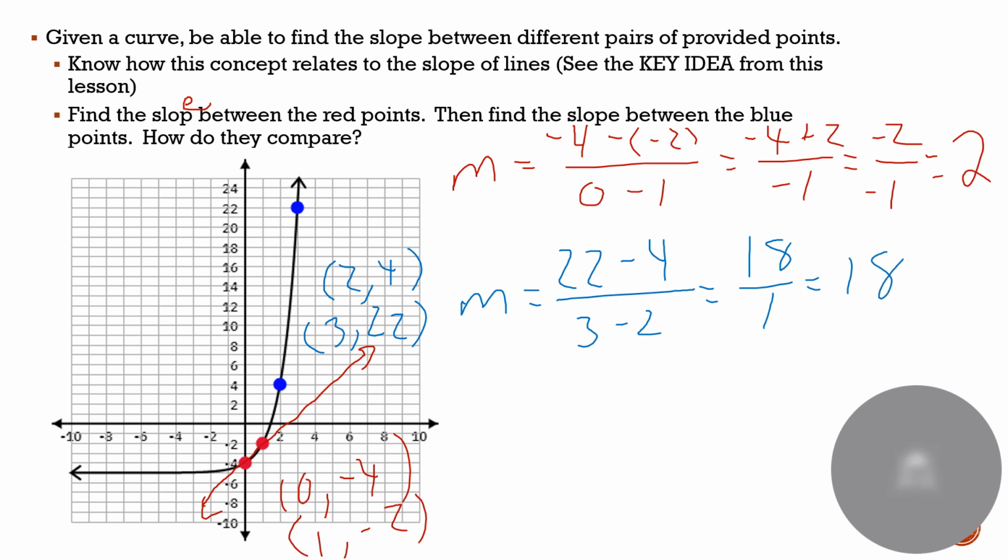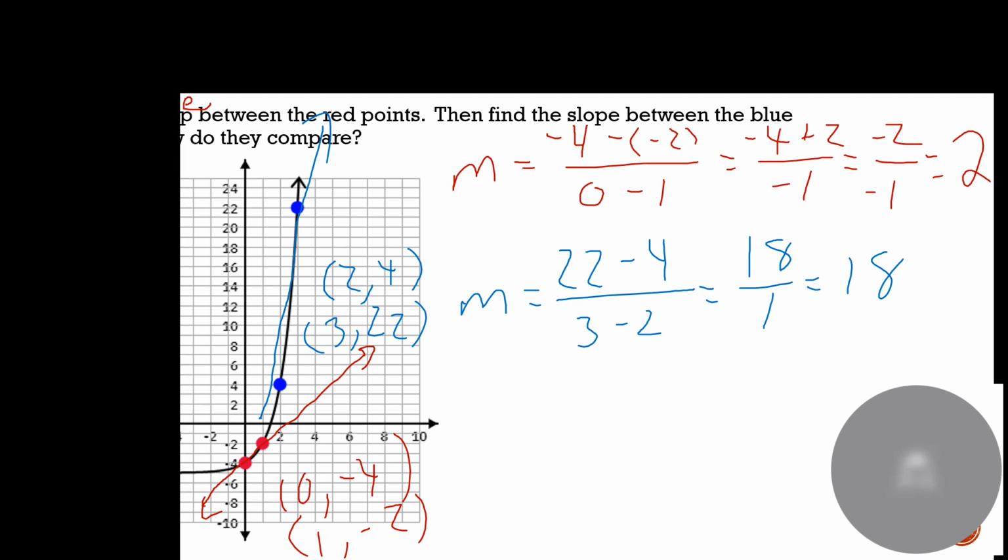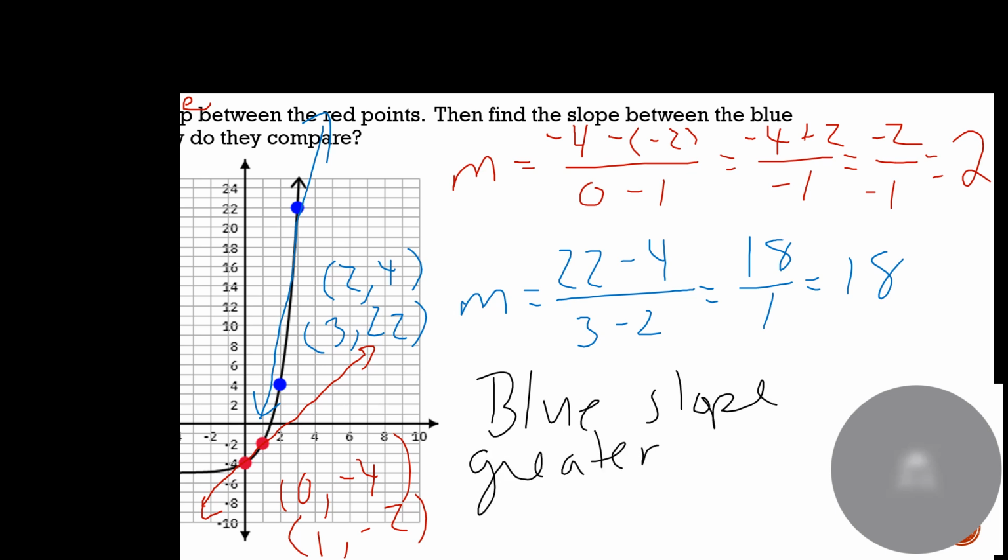And that would be as though you were finding the slope of that line. Okay, or something close to it that was moved over a little bit. And what I want you to get from that is that the blue slope is much steeper than the red slope. So we could say blue slope is greater; line is steeper.